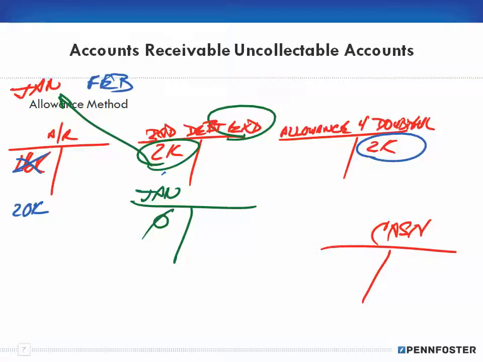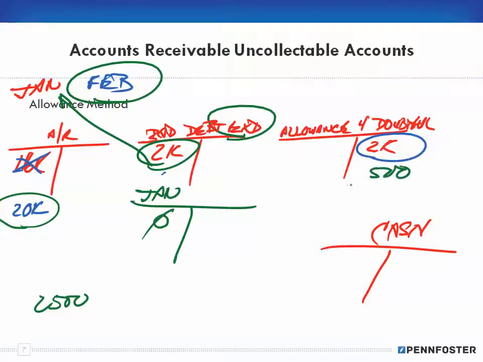So when it comes time for me to look at my books at the close of business in February, maybe I've determined that out of this $20,000, my allowance for doubtful account is supposed to be $2,500. Well, now I have to make an adjusting entry for an additional $500.